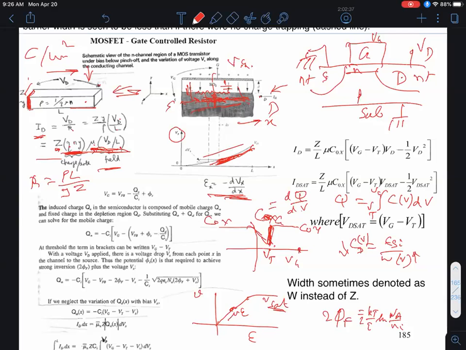So that's my gate capacitance, C, plotted as a function of voltage, and charge in the inversion region, Q inversion, will be the integral of C dV, right? Because C is equal to dQ over dV, therefore Q would be the integral of C dV. You guys with me? But what is the integral of C dV corresponding to this curve? It's nothing but the area under this curve, right?